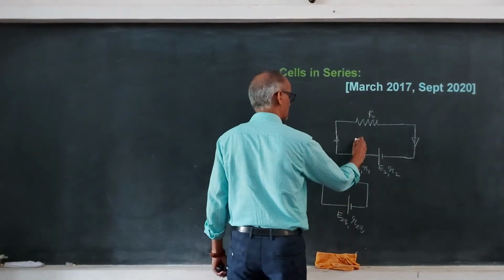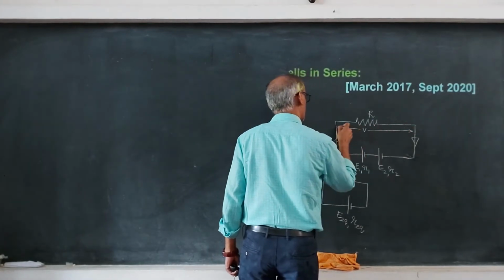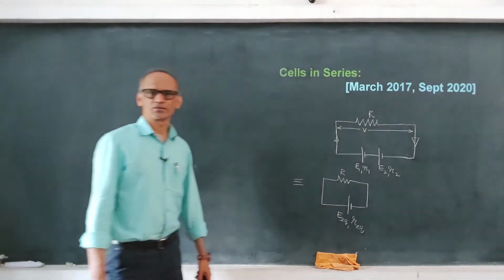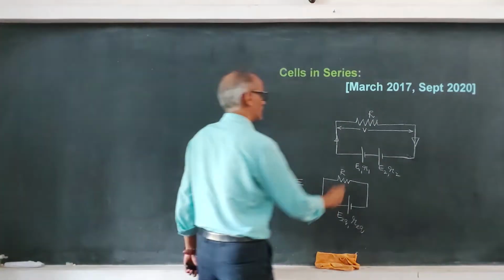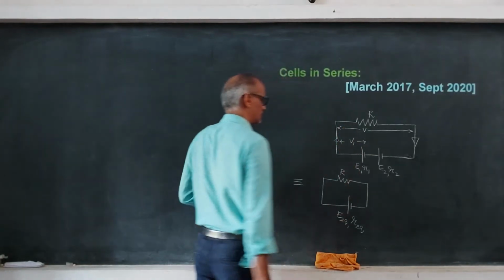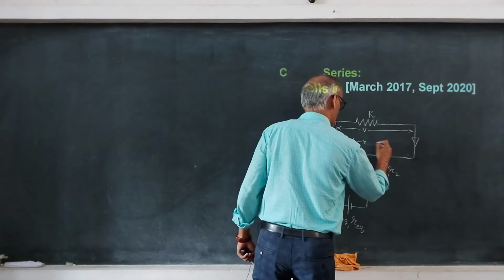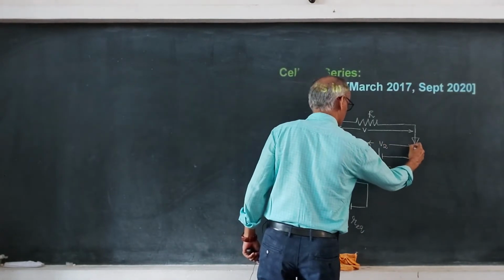Let V be the potential difference across the combination, and let V1 be the potential difference across the first cell, and let V2 be the potential difference across the second cell.